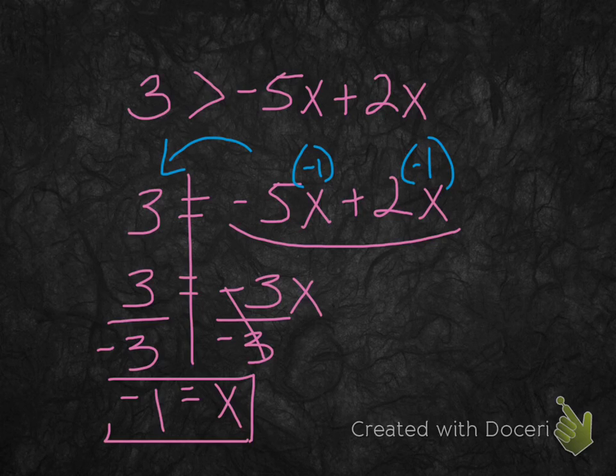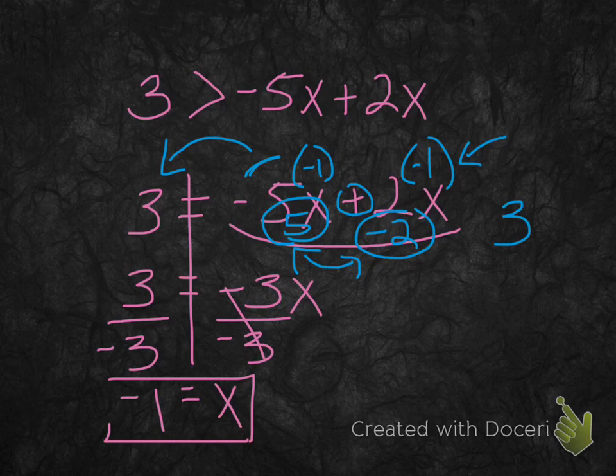A negative 5 times a negative 1 is actually a positive 5. And 2 times a negative 1 is a negative 2. If I put those two together through addition, I would have 5 minus 2, or a positive 5 combined with a negative 2, which would give me, wow, it's a lot of blue, isn't it, a 3.